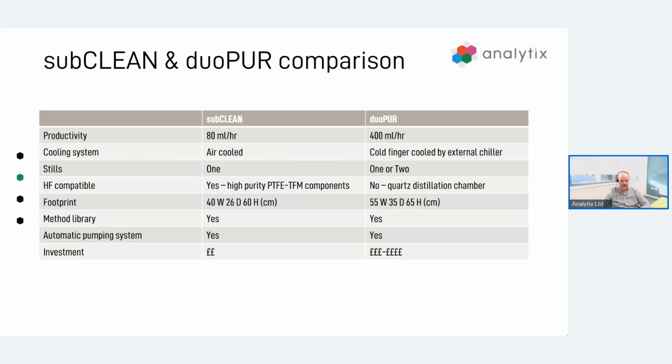So the first one is asking about solvent use for the easy fill. Yes, although we focused mainly on acid digestion today because it's really relating to the elemental workflow, you can actually process solvents in the easy fill.